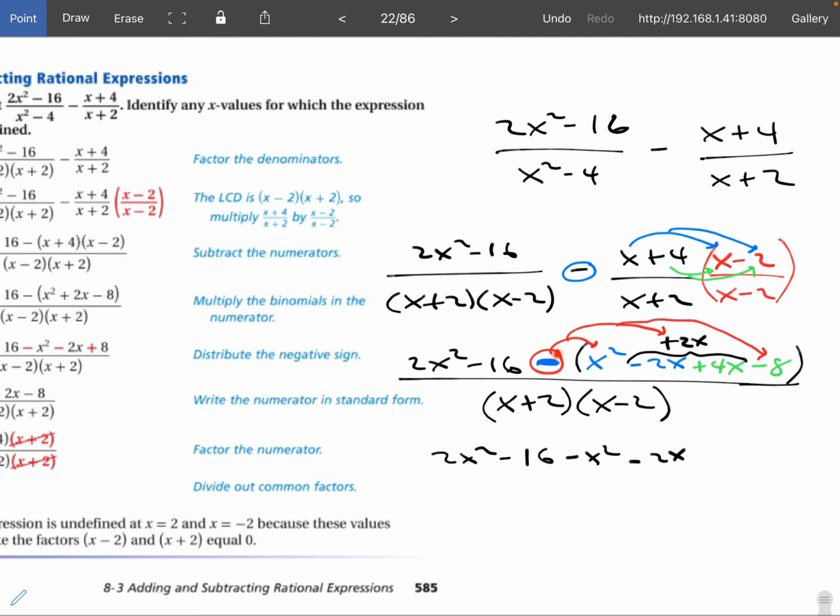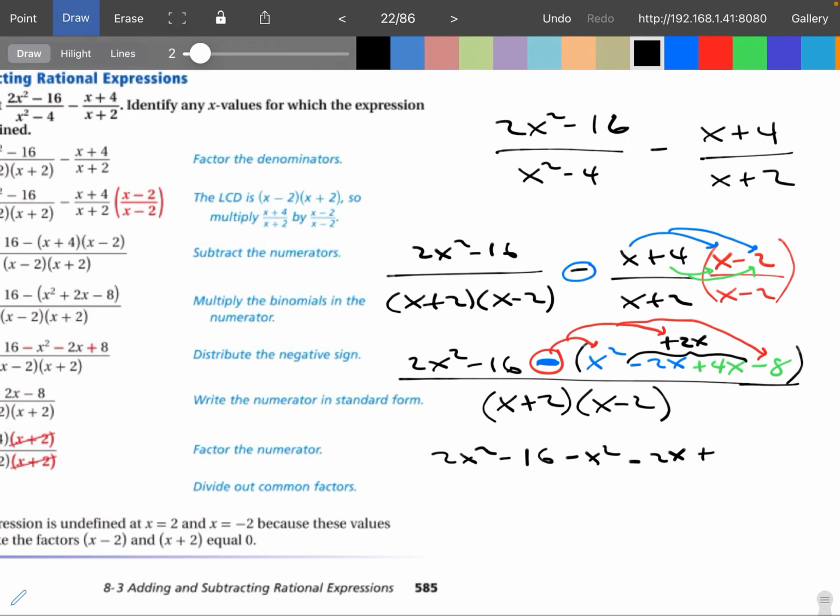And then that negative 1 is also going to distribute onto that negative 8, so that's going to become a positive 8. And then that's still all over my common denominator of x plus 2 times the quantity x minus 2.